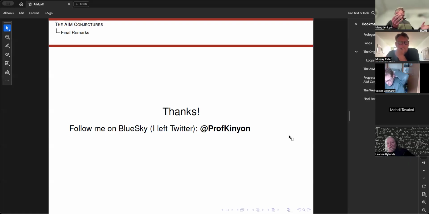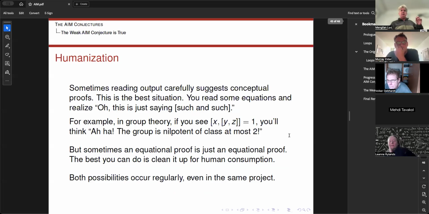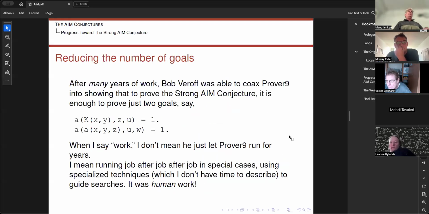Just to give you an example, we happen to know that if you take one of the goal equations, there it is. Okay, take that second one, and you replace that z with an x. That actually holds.